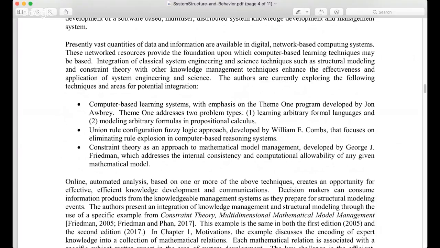And usually those formal languages are developed by different groups, little tribes within the corporation or within the engineering or technical groups. And large-scale engineering and large-scale integration has to take these bits of formal statements about the system, bring them together and see whether or not they're internally consistent and computationally allowable.